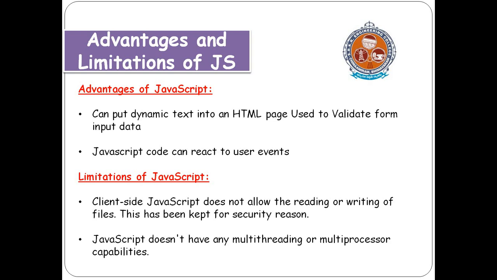If you enter 11 characters, then it automatically raises an error. So that type of error message can be developed with the help of JavaScript. That is the validation. JavaScript code can react to user events, whatever events are performed by the user.